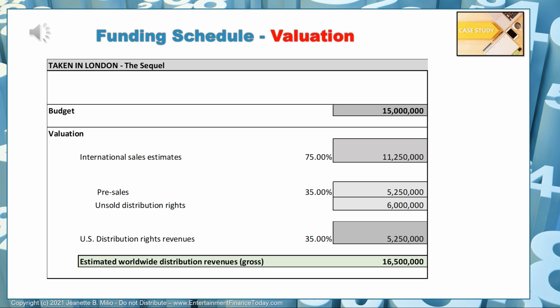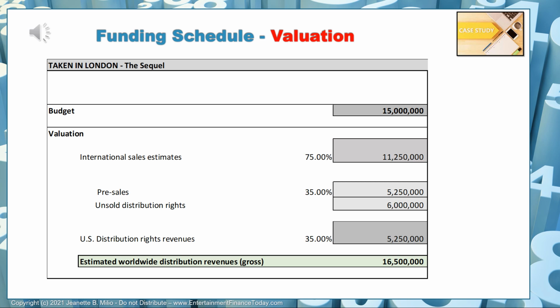So when we have international sales estimates of 11,250,000 and we take away the pre-sales that we have concluded in order to arrive at how many rights we have left to sell, we're taking 11,250,000. We are deducting the pre-sales of 5,250,000 and we are left with $6 million in rights that we can still sell.